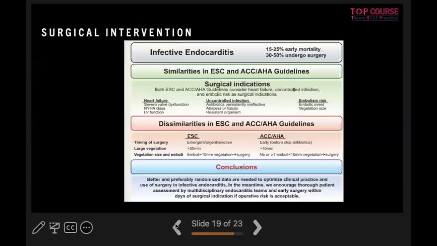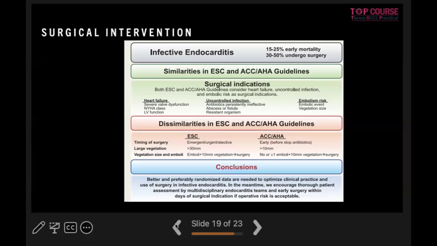And surgical intervention. So when we compare both the European and the American guidelines, surgical intervention of the infective endocarditis has to be done in cases of patients presenting with heart failure with severe valve dysfunction and LV dysfunction, or in cases of uncontrolled infections where despite antibiotics, the patient is having embolic phenomenon or persistent infection, abscess, local complications, fistula, or resistant organism.